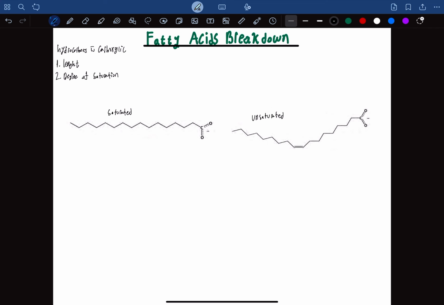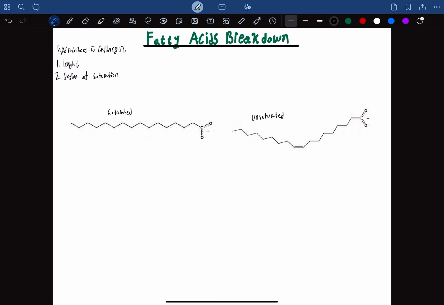Secondly, now we know it differs by its length and the degree of saturation. If you want to think about nomenclature and how to name them, we have to make sure we're super specific.